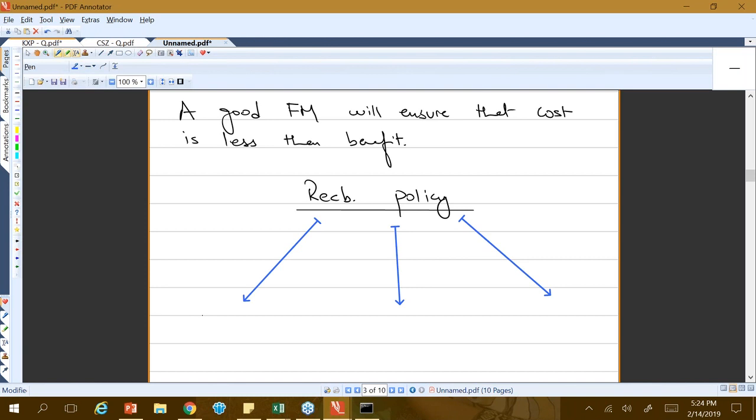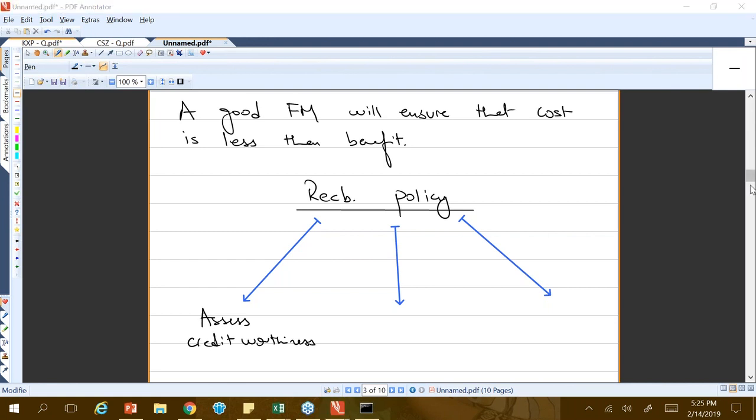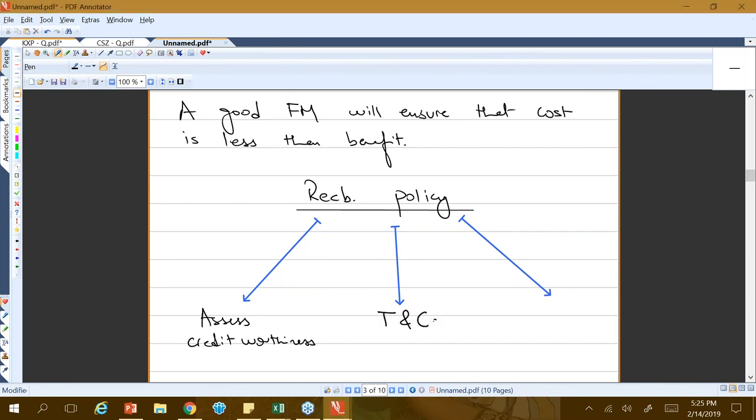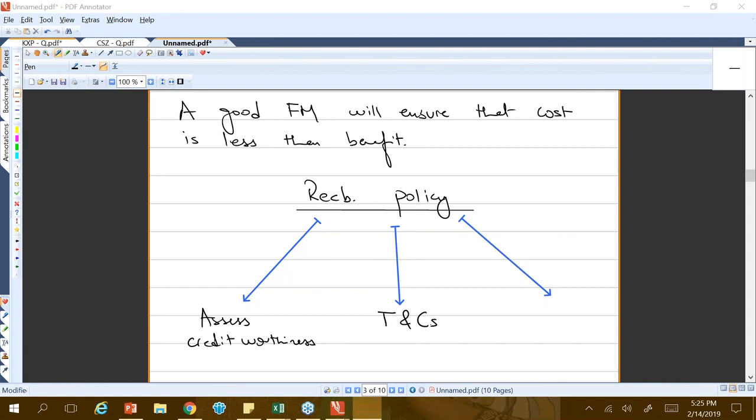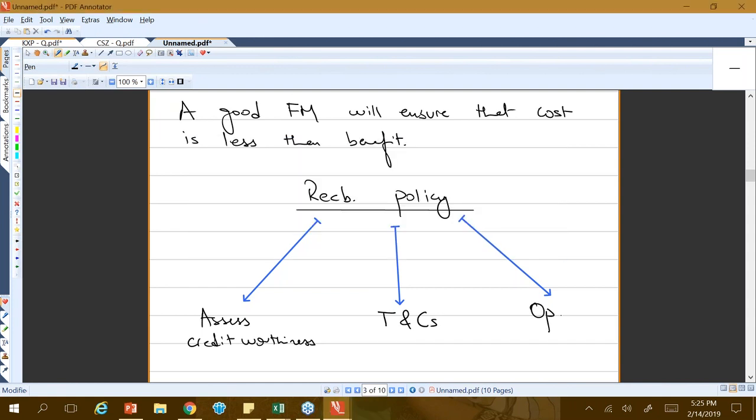Number one, we should be able to assess credit worthiness of our customers. Number two, we should be able to think of some T&Cs, the terms and conditions. And number three, we should be looking at operational management of the receivables, or the day-to-day management of the receivables. So to think of receivables policy, three things, and I will do a question very shortly with you where I will talk about the detailed things within these headings.